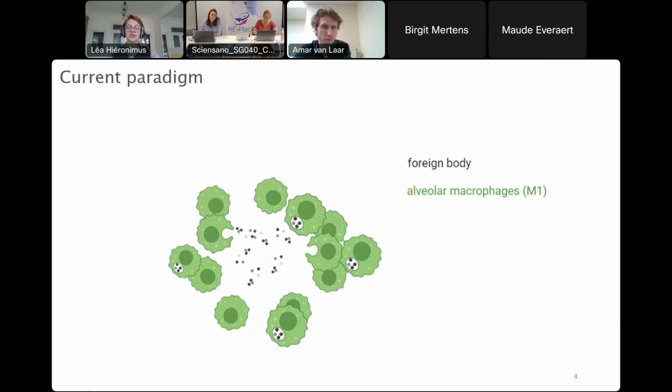Once it enters the deep lung, it will be recognized by immune cells, which will try to remove them. They often do so through phagocytosis. This is how macrophages will try to clear the lungs. They will eat the particles. Sometimes it works, and it allows the removal of the particles. But if the particles are biopersistent, macrophages will become activated.